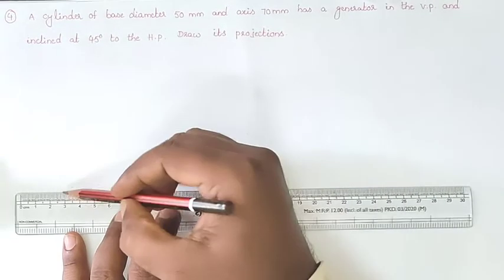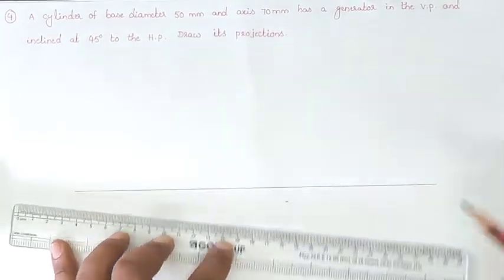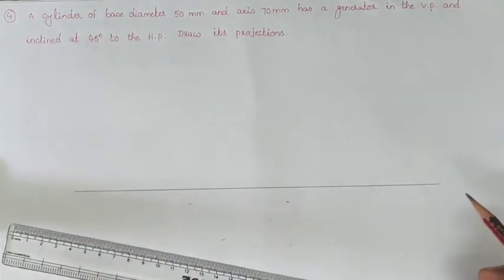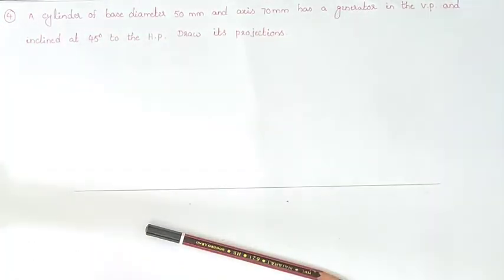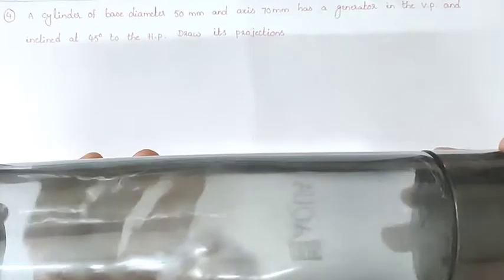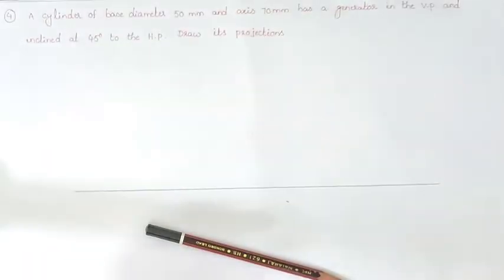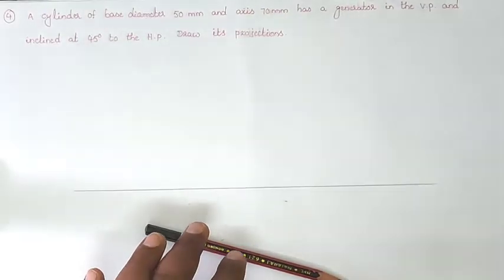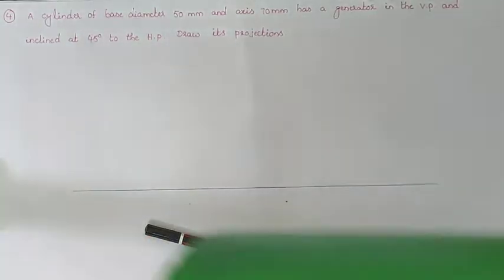But how we will draw the top view of our diagram is very, very important. Generator is in the VP, they mention in the problem. How will we draw the top view? Suppose this is the cylinder.